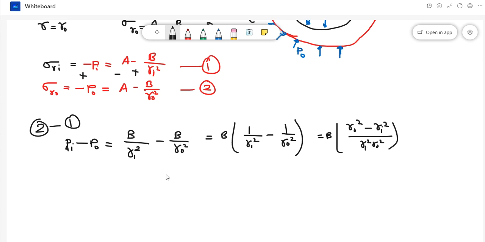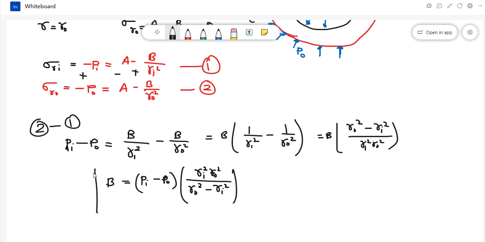Okay, so from here you get B, which is B is equal to Pi minus P outer, P naught, Ri square into R naught square divided by R naught square minus Ri square. Okay, so this is one constant.